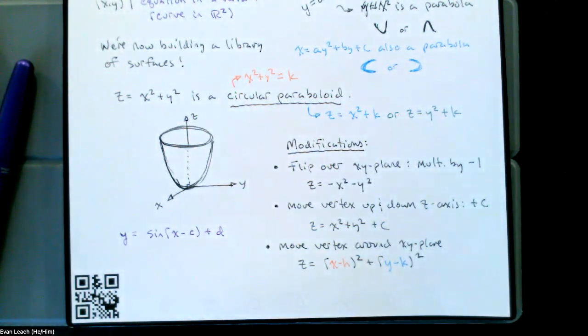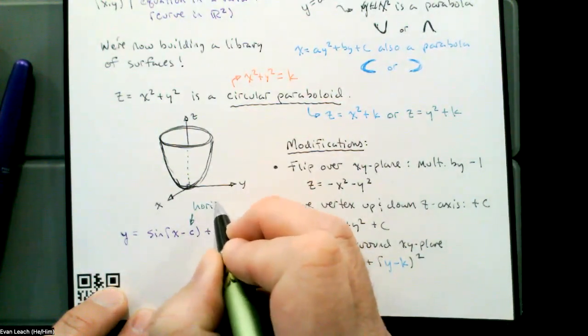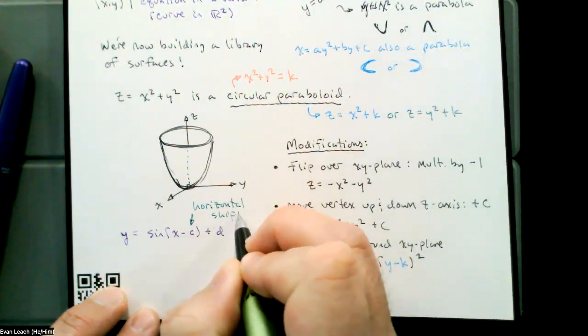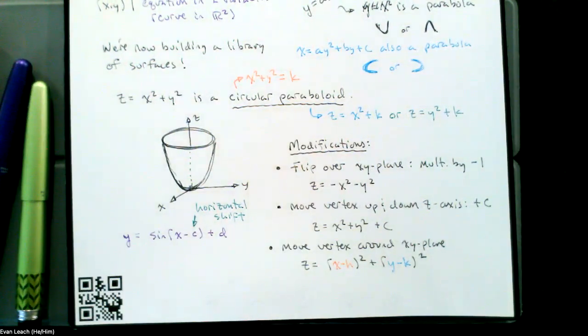After you've done that, add d. So this subtracting of the c is going to be a horizontal shift because it's addition and before the trig function. And this plus d is going to be a vertical shift.